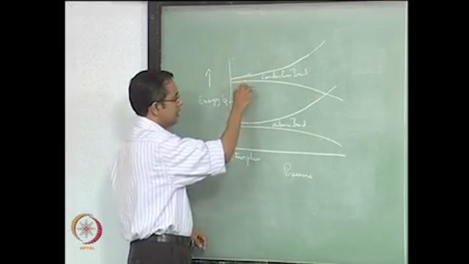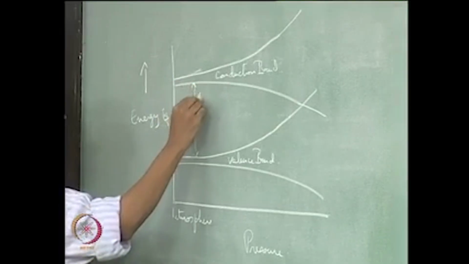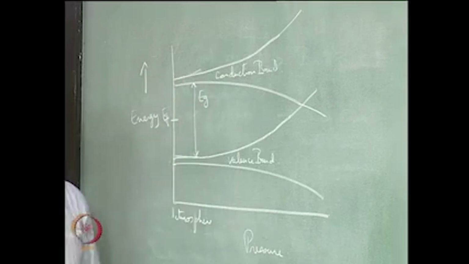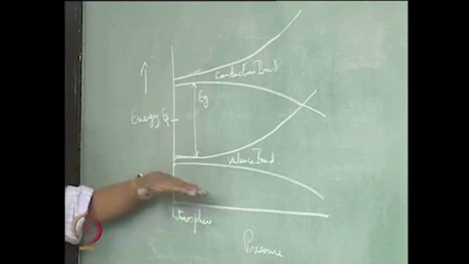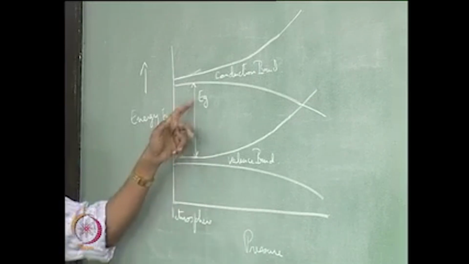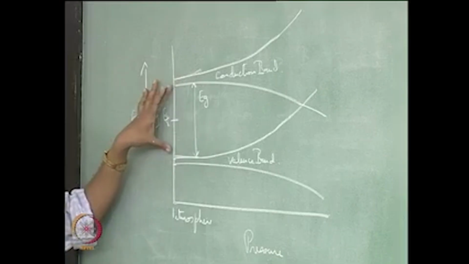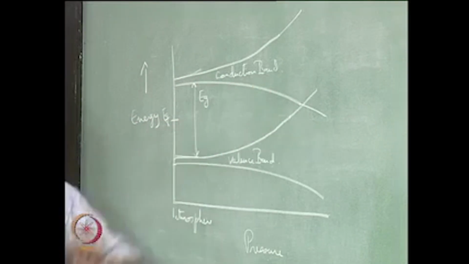So here is the band gap. On this picture we see that as you raise the pressure, you are changing the band gap. Whatever the initial value, it is steadily decreasing. The band gap is decreasing as you raise the pressure.